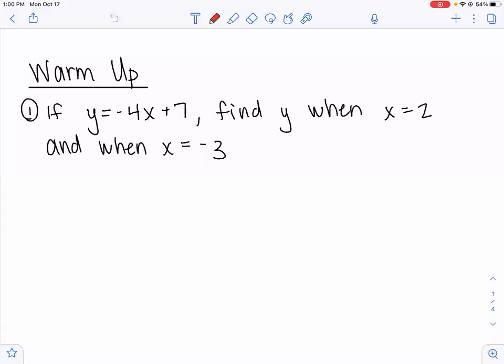Okay, let's talk about this warm-up. Kane, what did you get when you plugged 2 in for X? So Y equals -4.